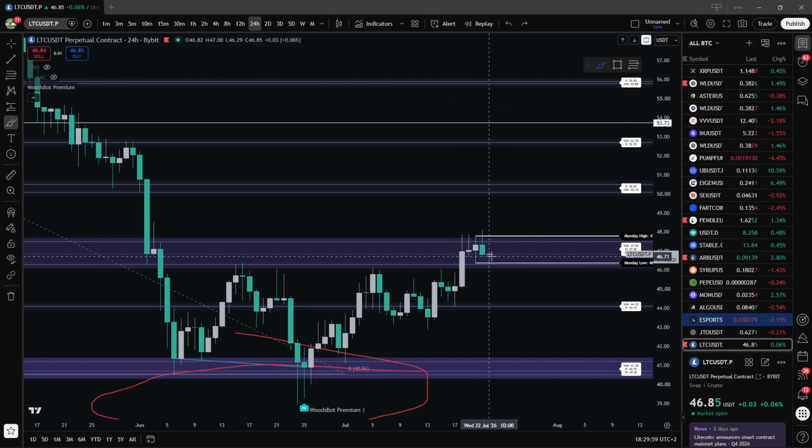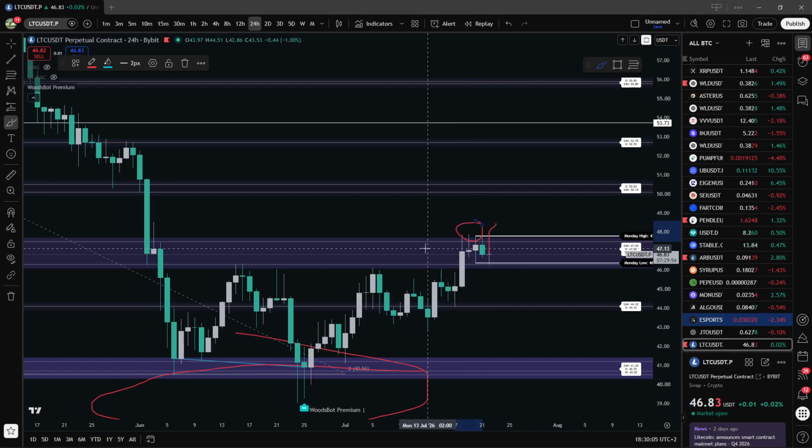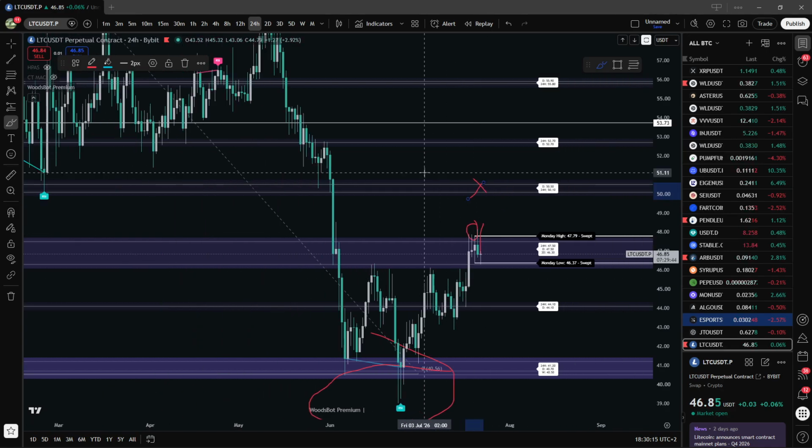So if you see a daily candle closure above these highs, there's good potential that Litecoin is going to go up towards 50. There's also potential for Litecoin to go towards 52, but I don't think Litecoin will go towards your entry. I just don't see that happening.